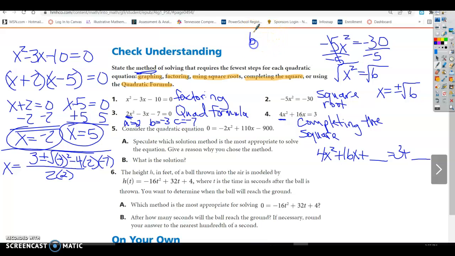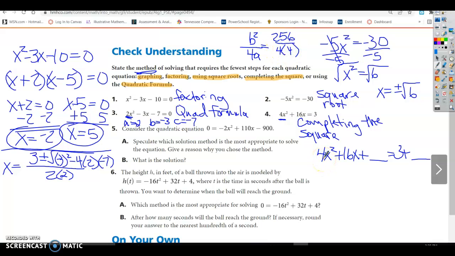I'm going to come up here and do b squared over 4a. So let's see. If I get my calculator here, b squared is 256 because I'm doing 16 squared over 4 times a is 4.